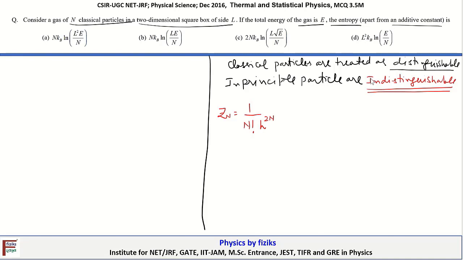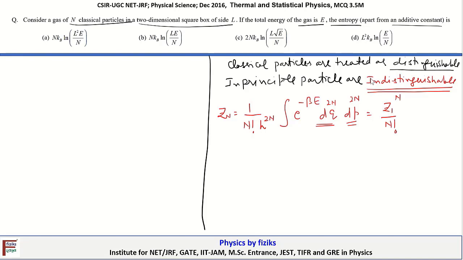So depending upon the dimension of the system, accordingly we have to divide by the appropriate factor here, and then exponential minus beta E, and then dq 2n and dp 2n. Okay, if this problem was in 3 dimensions, then we would have written dq power 3n and dp 3n here. Okay, and that is equal to Z1 power n divided by n factorial.